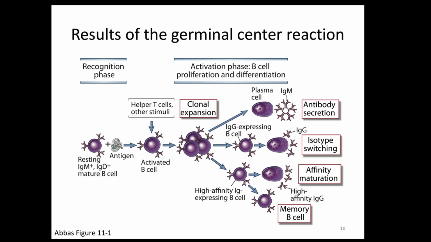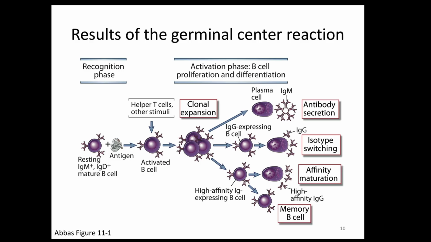And this slide also shows you some of the results of the differentiation of that B cell. And so what you can see is that sometimes we get a B cell that's called a memory cell at the end of this, and we'll talk more about memory cells a little bit later today.